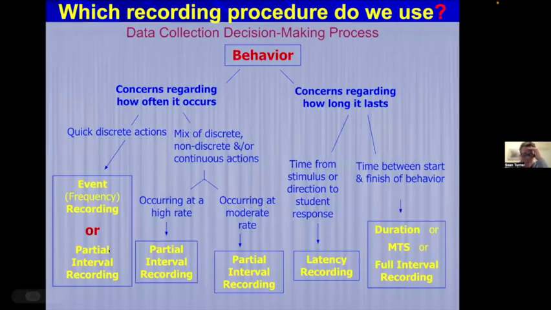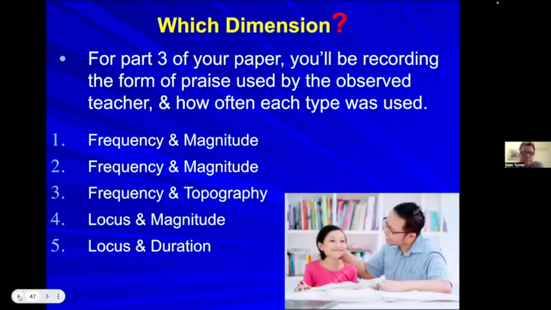The form and how often. And we're seeing a whole lot of threes. Great. All right.